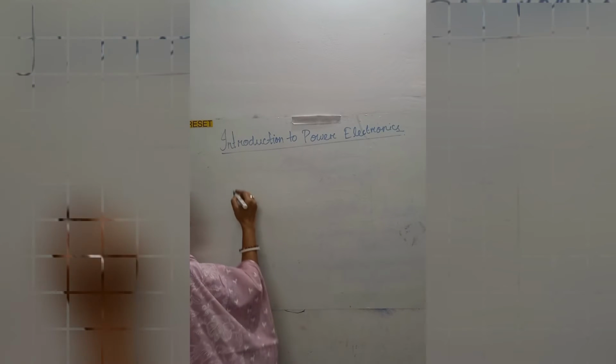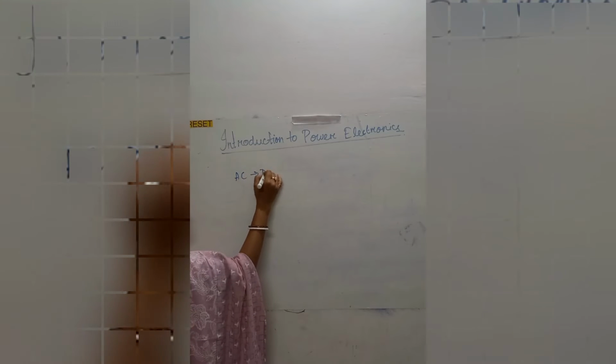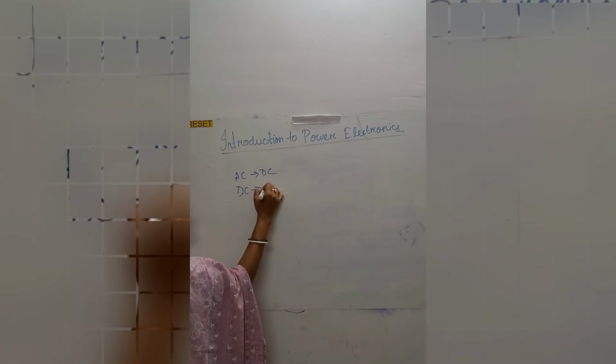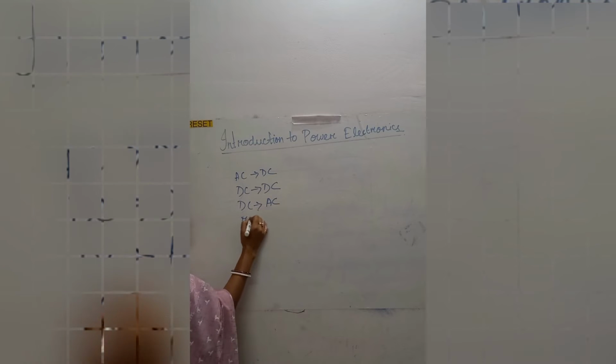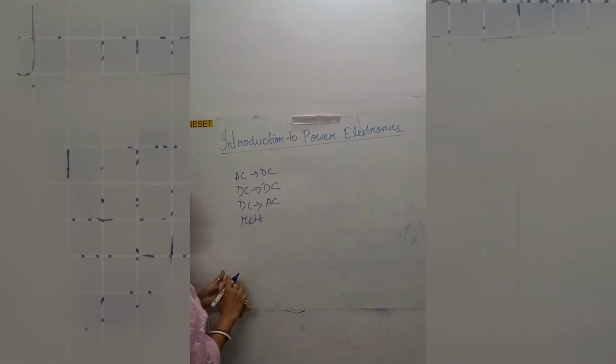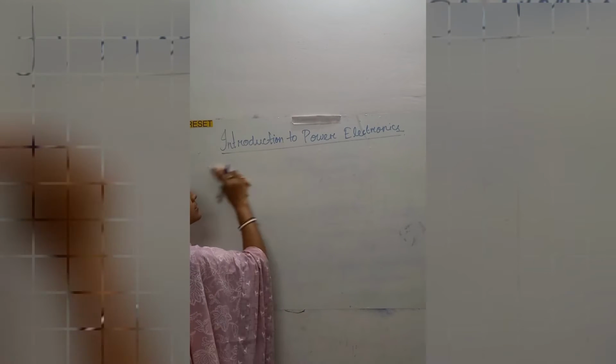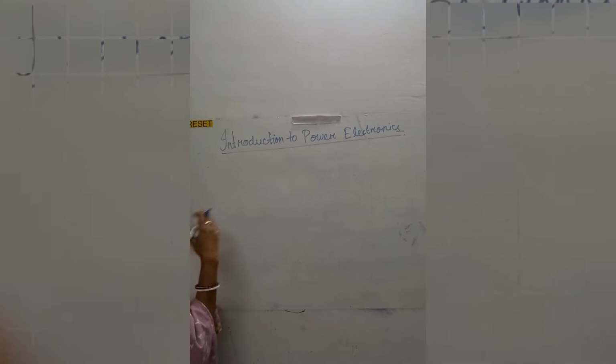We can use them for rectification, for amplification, for conversion of AC to DC, DC to DC, or DC to AC. These conversions, rectifications, and freewheeling are the applications, and these are very important for your further studies.